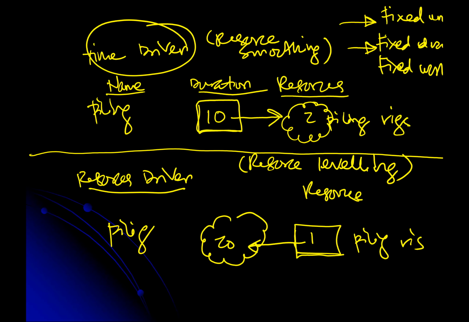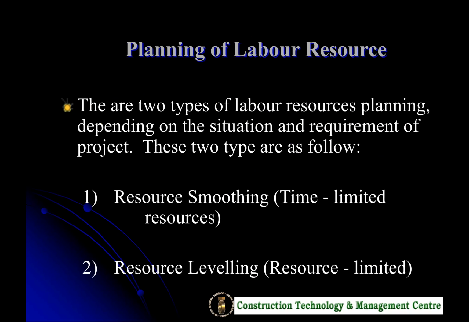Okay, resource smoothing and resource leveling. In resource smoothing, time is fixed, whereas resources can be adjusted according to the time that we already set.